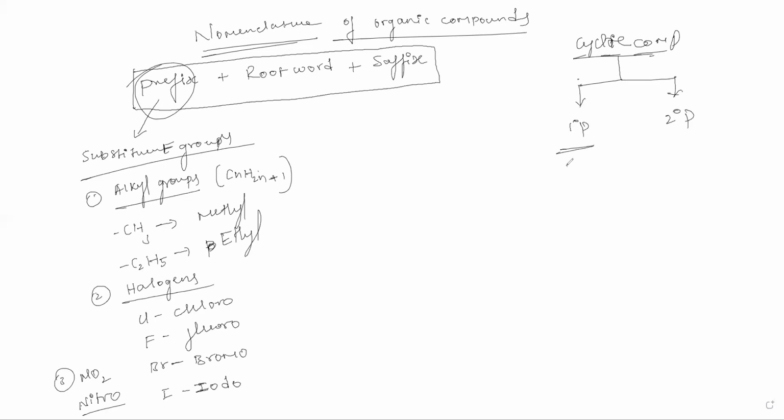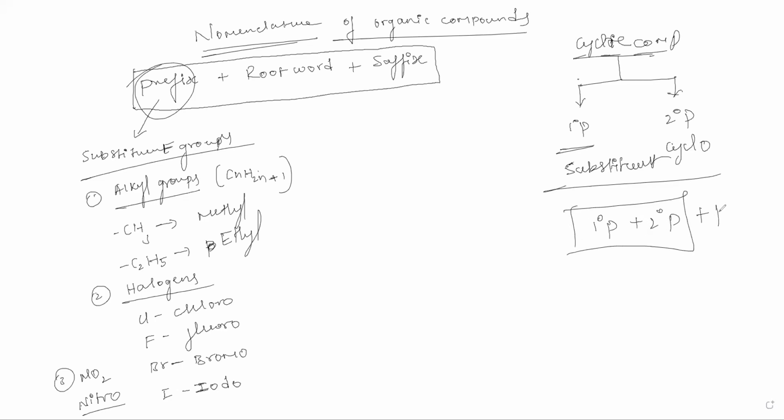For the secondary prefix, you use cyclo. For the primary prefix, you use substituent groups. For cyclic compounds, you use primary prefix plus secondary prefix plus the root word plus suffix. You have to use this formula.